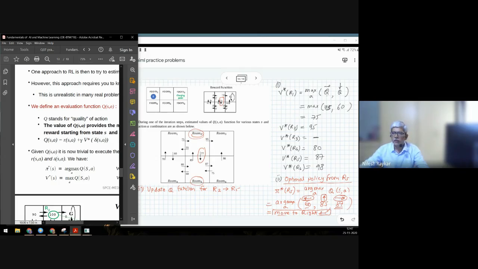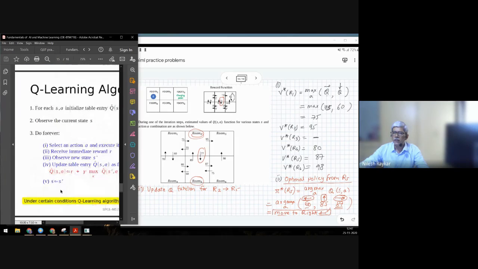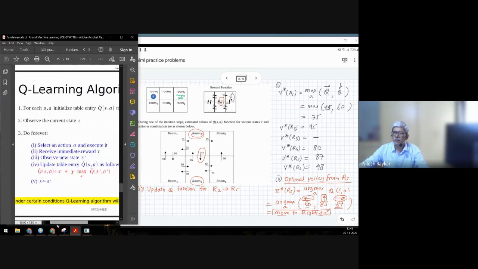For the updating rule, we will again look at our slide. This is the update function. The updated value of the Q function will be given as reward plus gamma times the maximum value of the Q function from the new state.